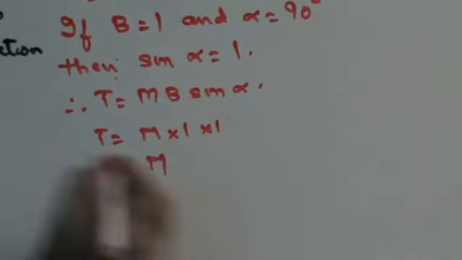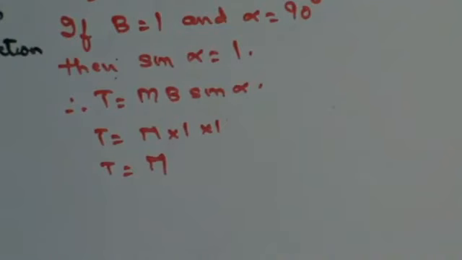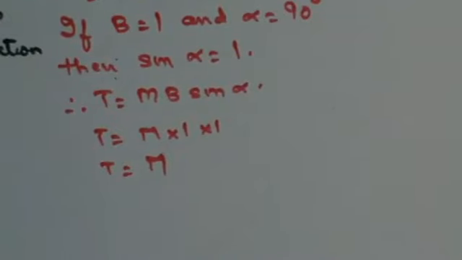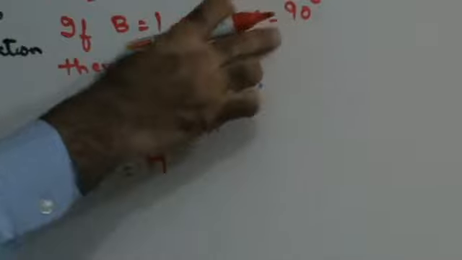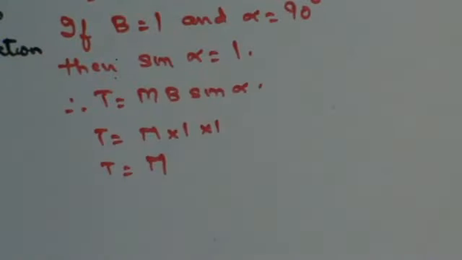Then torque will become equal to magnetic dipole moment, right? So thus I can say that the magnetic dipole moment of a magnet can be defined as the torque required to hold a magnet with its axis perpendicular to the uniform magnetic field of unit induction.